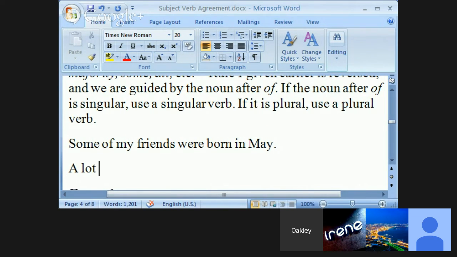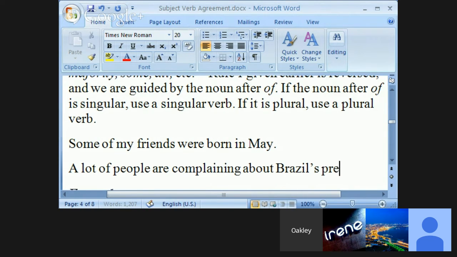A lot of people are complaining about Brazil's president. Okay, fine. Well, that'll work. A lot of people. People, of course, are plural. People are. Very good. Okay, seems pretty simple.